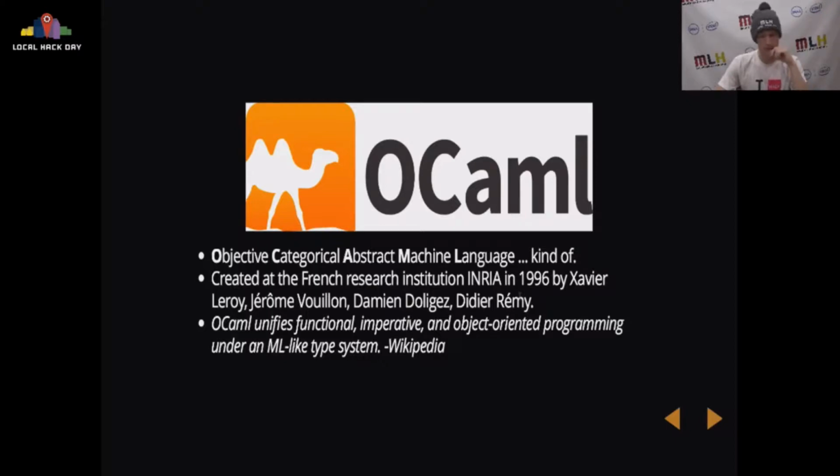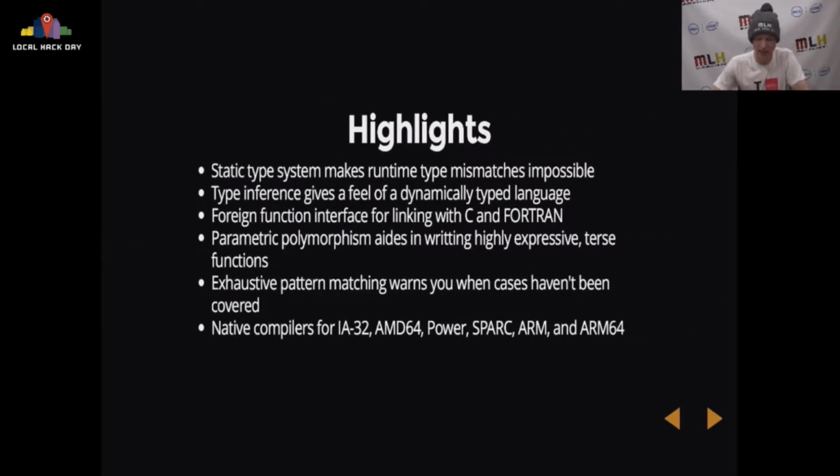It's still run by INRIA, and the French are kind of controlling the language, which is kind of interesting. You don't get many French programming languages. They're always from like Denmark or something.